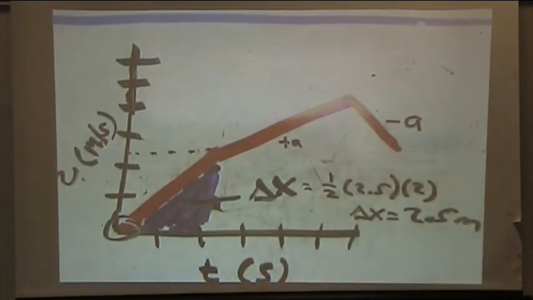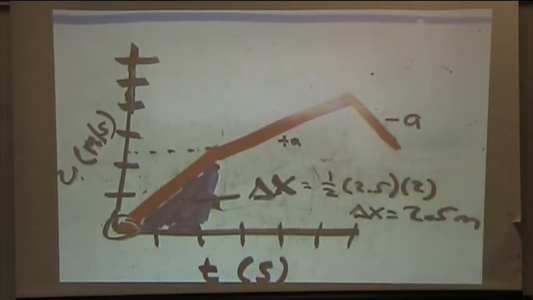Now, if you started at the 0 meter line, you're now at a location of 2.5 meters. But if you started at the 50 meter line, you'd be at 52.5 meters.